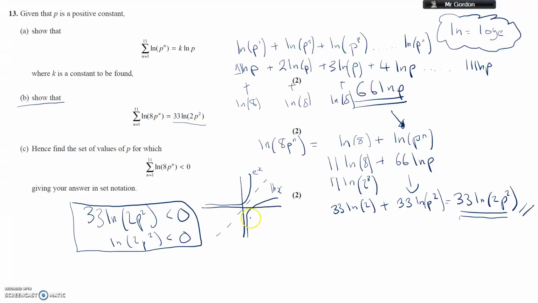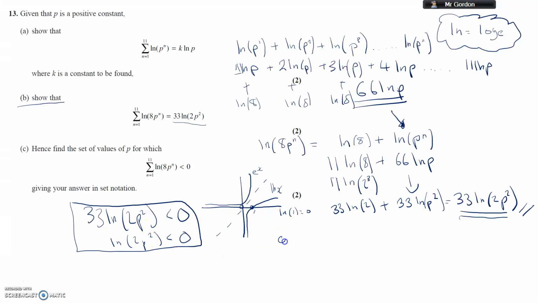And we're looking for when is it less than 0. Well, we've got an intersection here, and you should know that ln of 1 is 0. So that's an x value of 1. So it's going to be between 0 and 1 in this spot here.